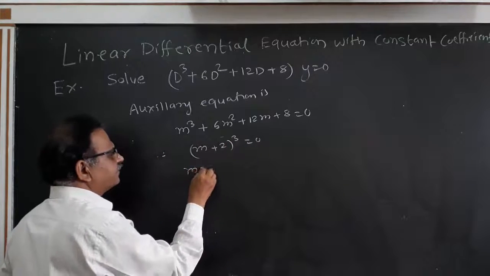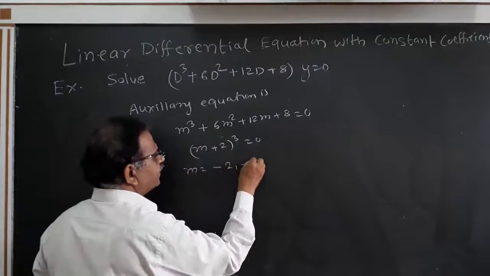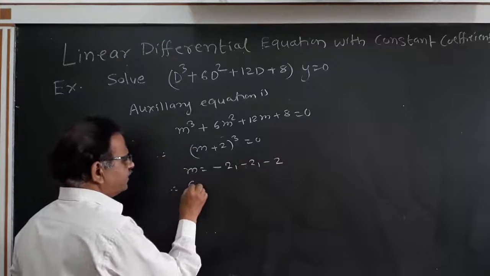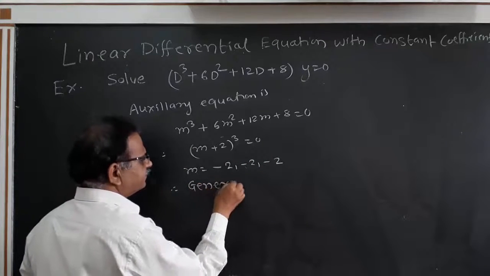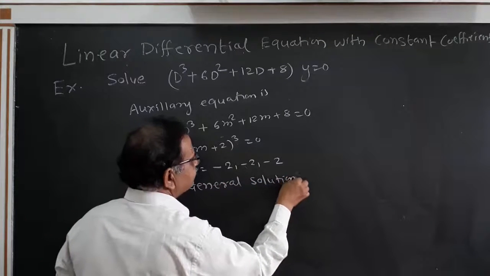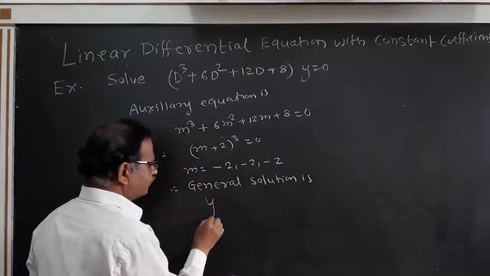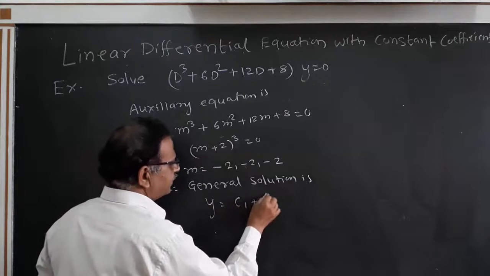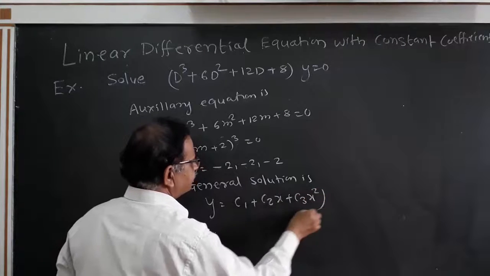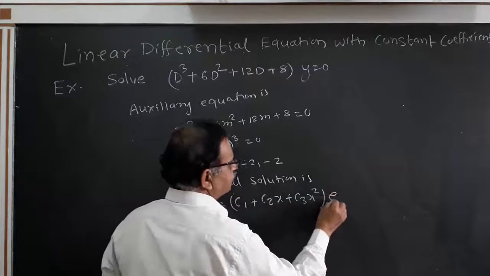Therefore, roots are minus 2, minus 2, minus 2. Therefore, general solution is y equal to C1 plus C2x plus C3x square e raised to minus 2x.